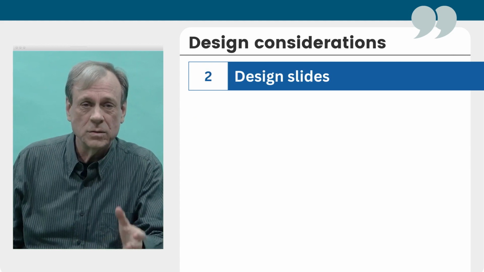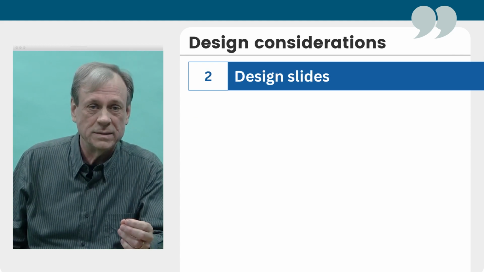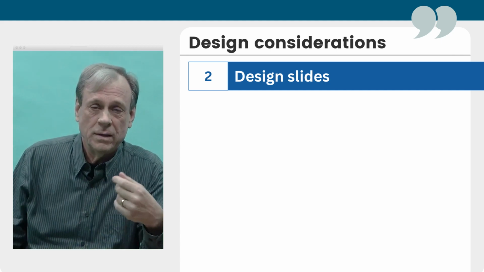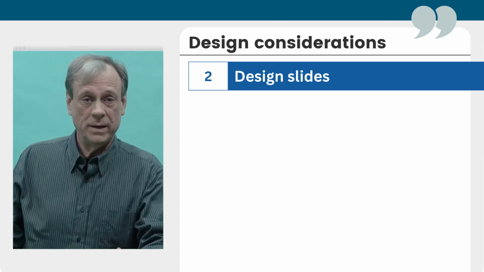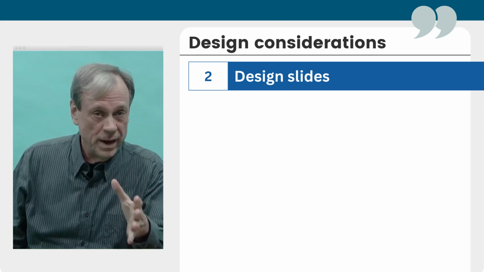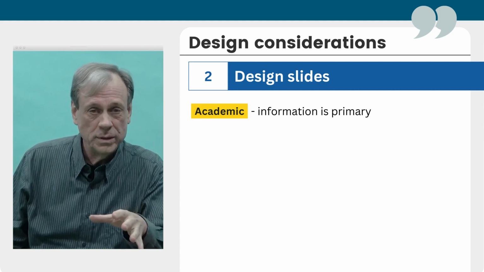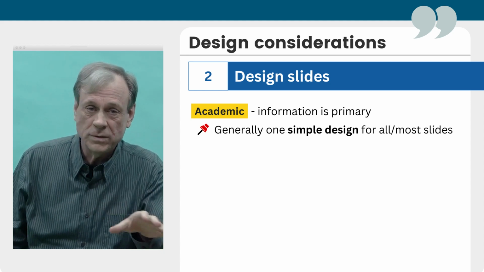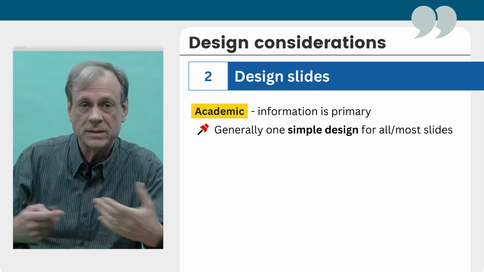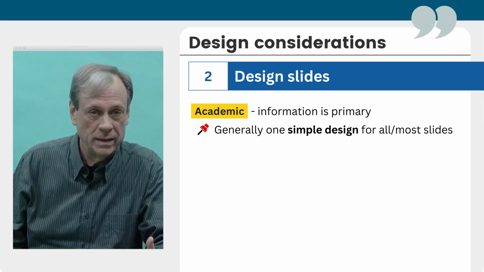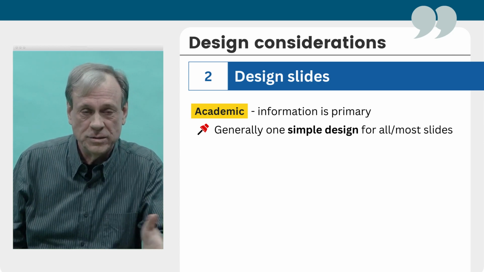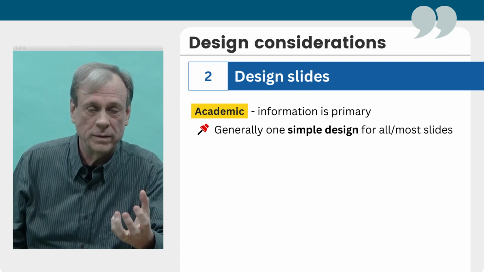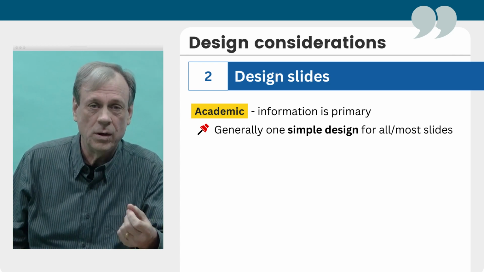The next thing is to look at the design of the slides. And the design refers to the background. Now this may differ again depending on your audience. For an academic presentation, normally the information is primary. And so you want to use a fairly simple image so that you can get as much information on one slide as you can. And it should be consistent so that it shows that all of this is part of one consistent academic talk.